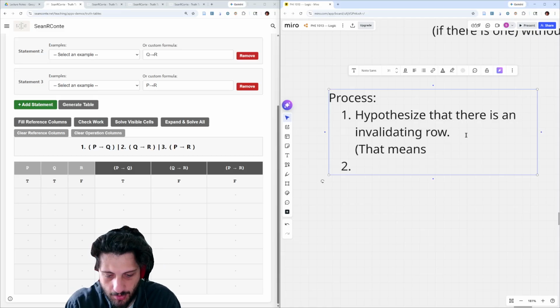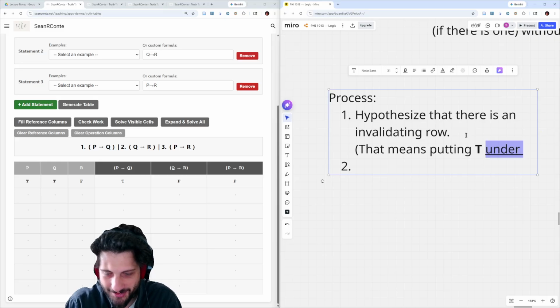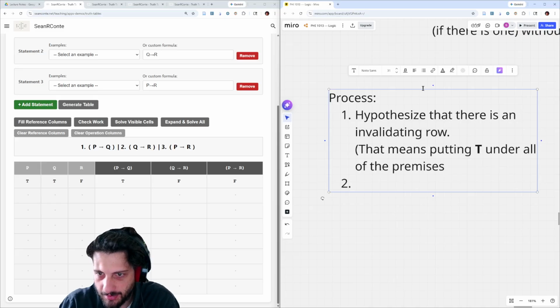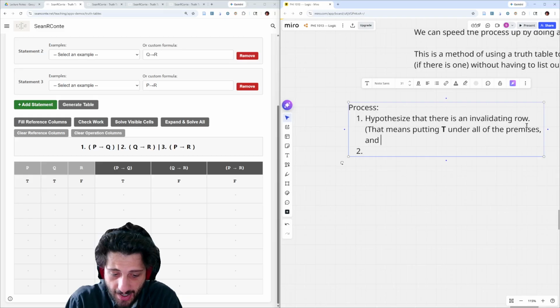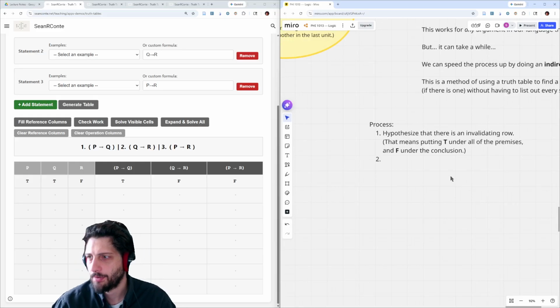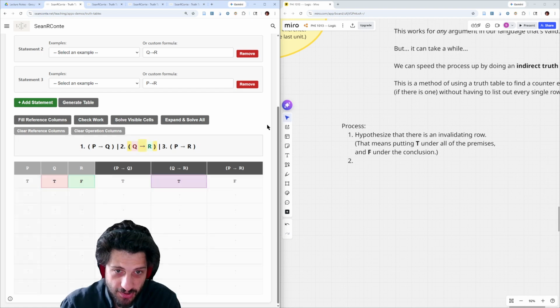That means putting T under all of the premises and F under the conclusion, just like I originally had it here.